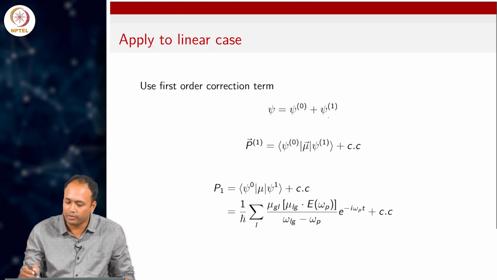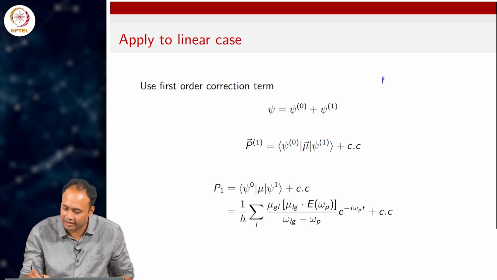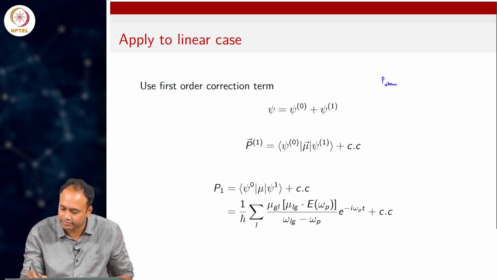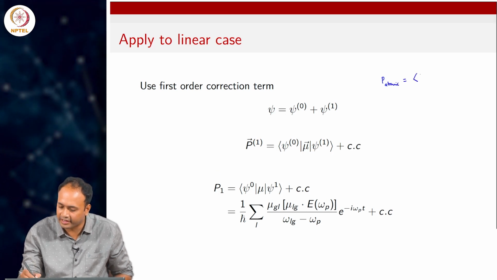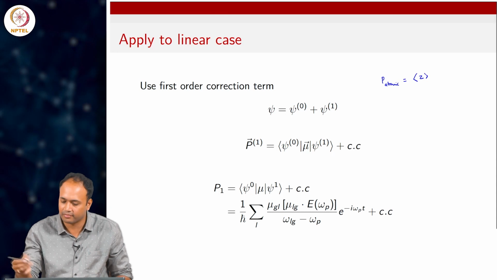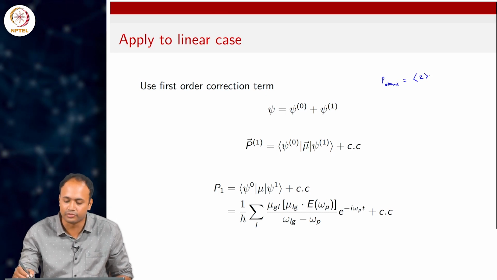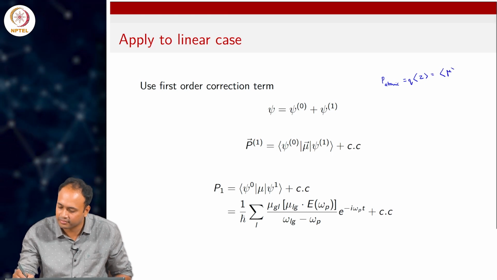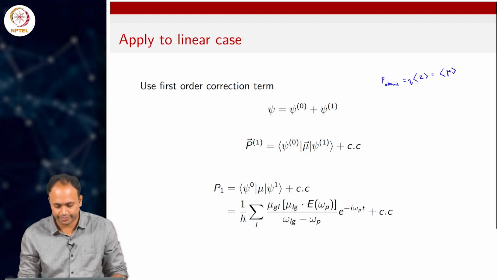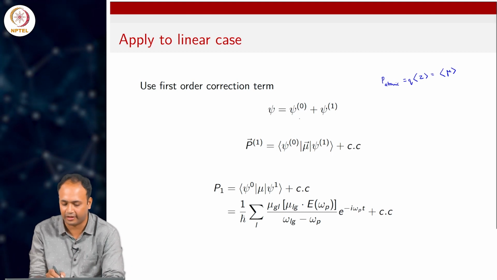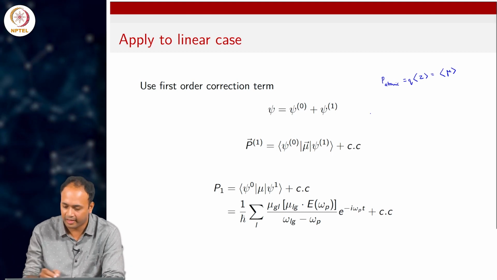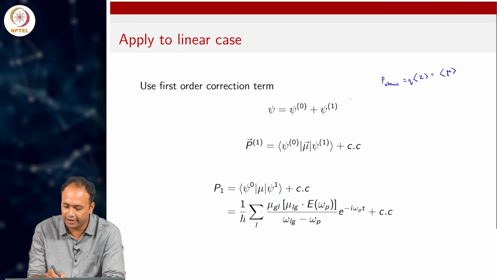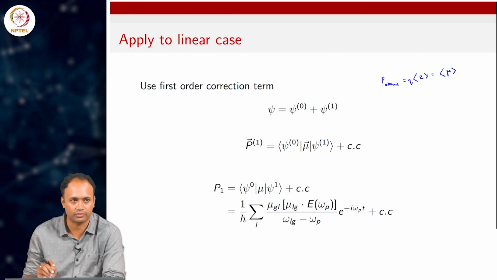Now, I can compute this expectation value. Let us say I am looking at just P atomic, which is given by the expectation value of Z, or I could also take Q times Z and put them together as some dipole moment mu. I want to compute this expectation value and I have two terms here. When I substitute psi here, I will get a total of 4 terms, right.